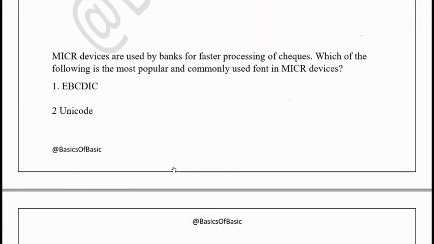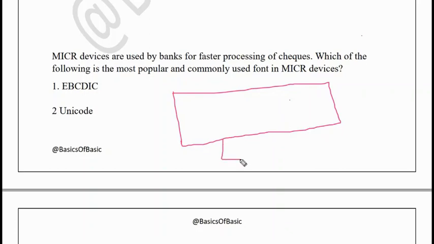MICR devices are used by banks for faster processing of checks. Which of the following is the most popular and commonly used MICR? See, this is a check. Assume this is a check. In the previous days, from bank to bank, they used to physically send the check for the movement of checks. But this could have led to frauds and defaults.